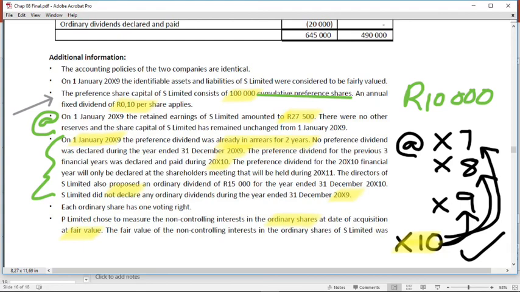So both NCI in ordinary and preference shares are measured at fair value. Remember, for NCI in ordinary shares you have a choice, but for NCI in preference shares it must be fair value. And then it is the accounting policy of P to account for investments in subsidiaries at cost in its separate financial statements.